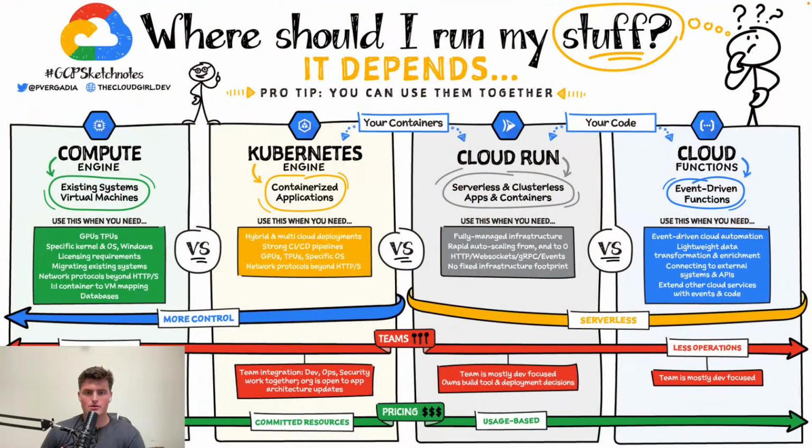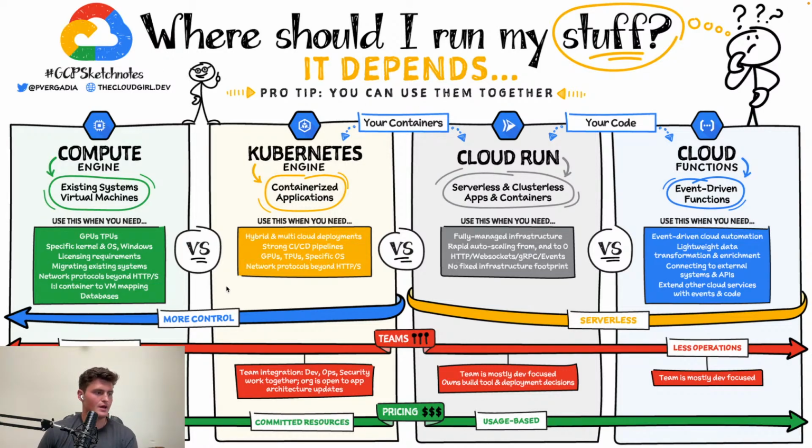So the first thing I want to cover is the differences. This screen was the original screen, but there are four services to deploy a function in GCP, and I really love this graphic.